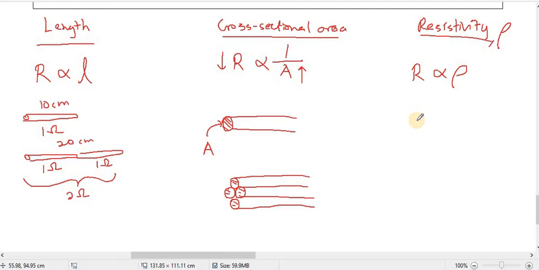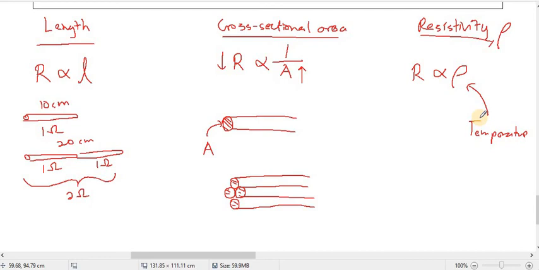Copper has its own number, aluminium has its own number, all of them have their own. You can go online and look for it. There's a list. However, there is another variable that can affect resistivity, which is the temperature. Temperature can also affect the resistivity.